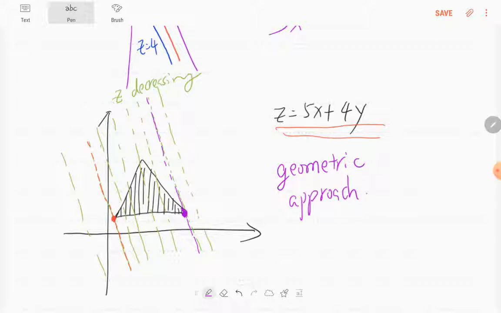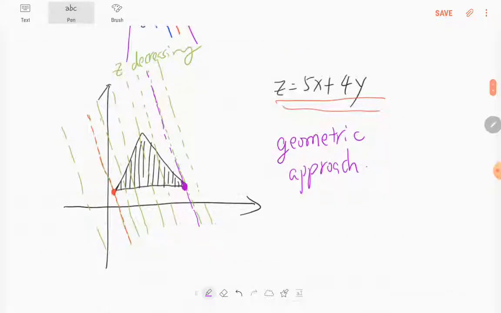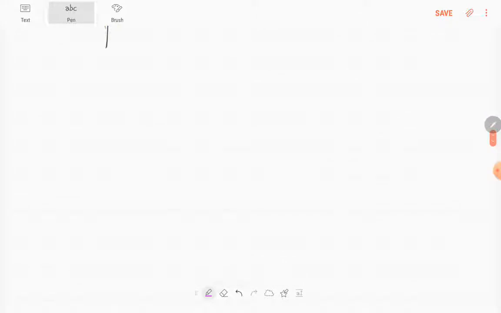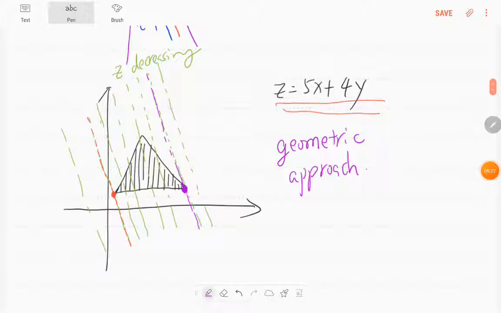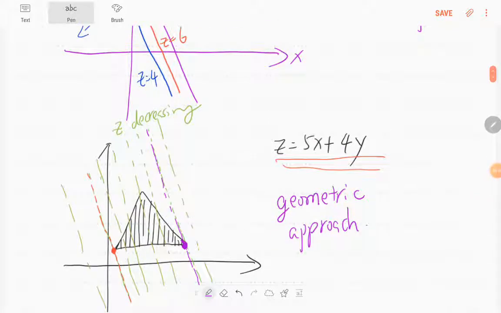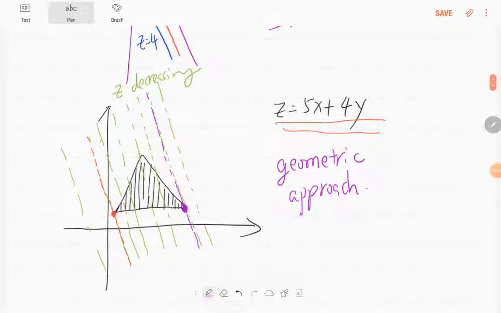Okay, so now let's look at this example. For this example, we see that the maximum value of z and the minimum value of z only happen at the corner.